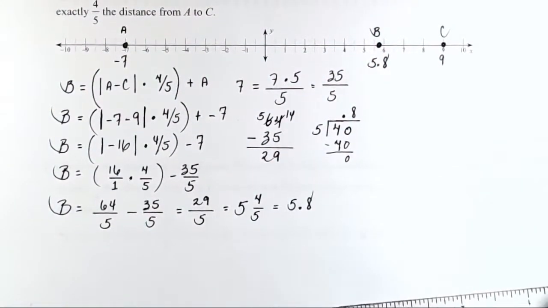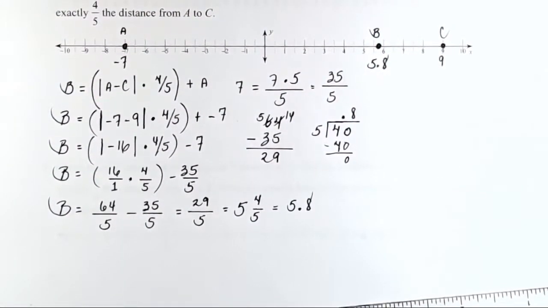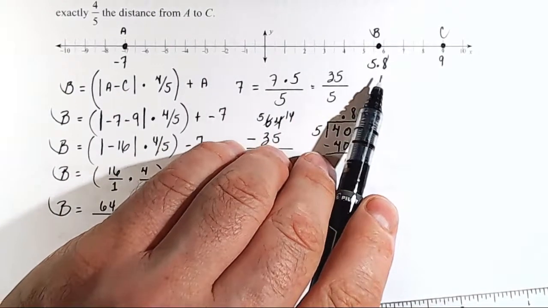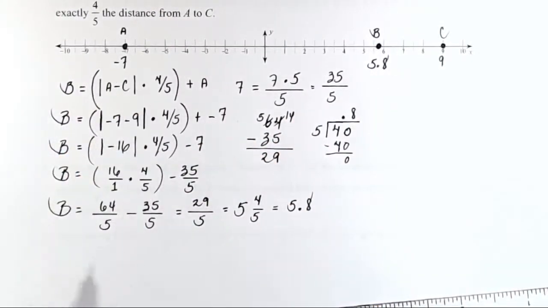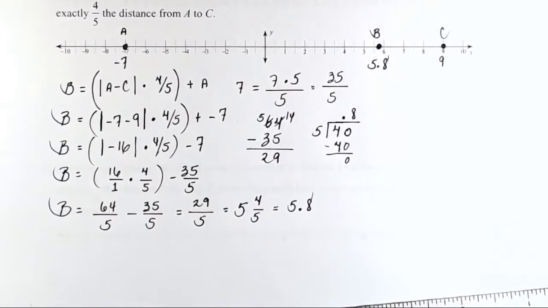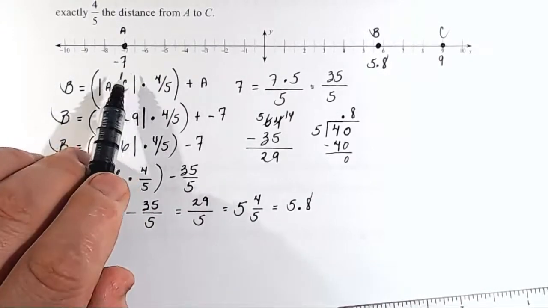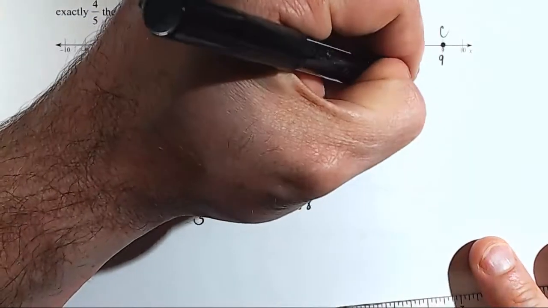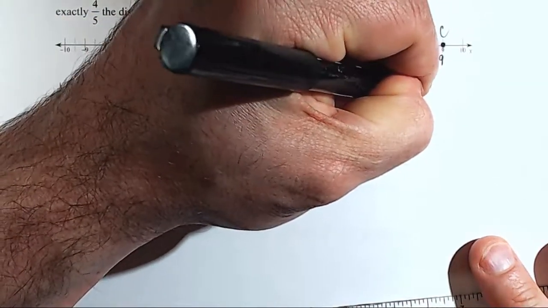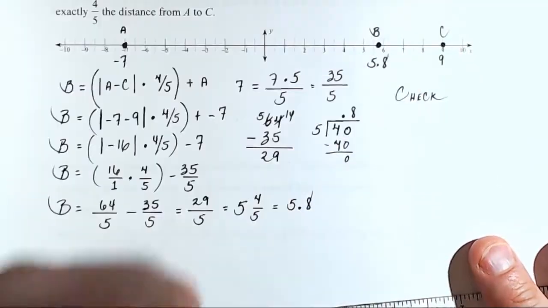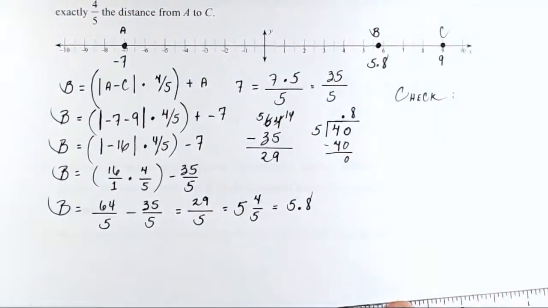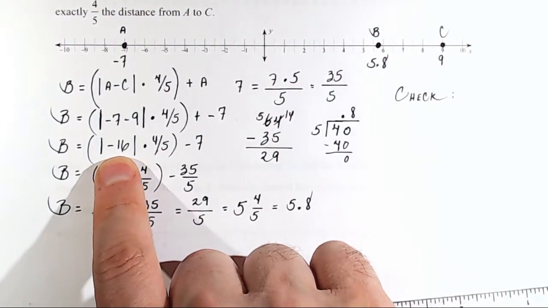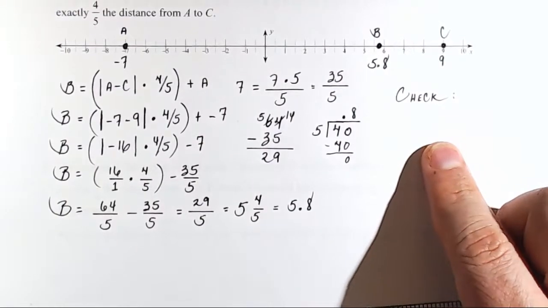Okay, if you wanted to check this, you could see if 5.8 was indeed 4/5 the distance between -7 and 9. Okay, so if you wanted to check this, you check this. Remember what the absolute distance was. It was 16. Okay, the absolute distance was 16.